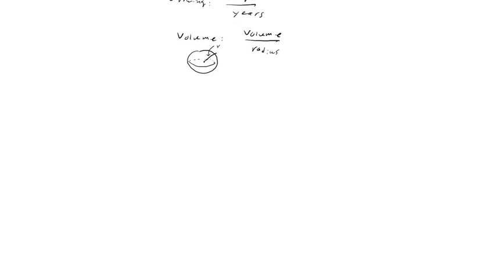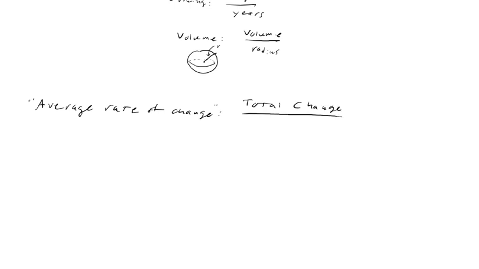What we mean by average rate of change: an average rate of change is the total change divided by the total, for example, time.